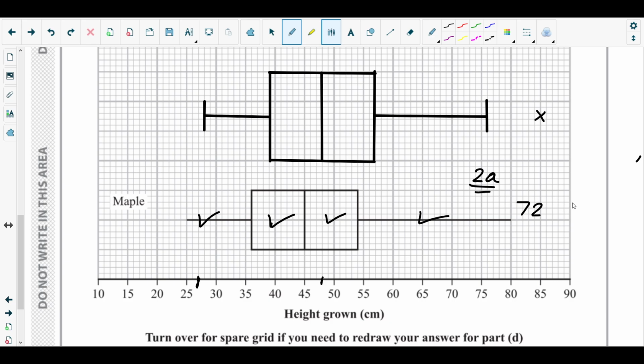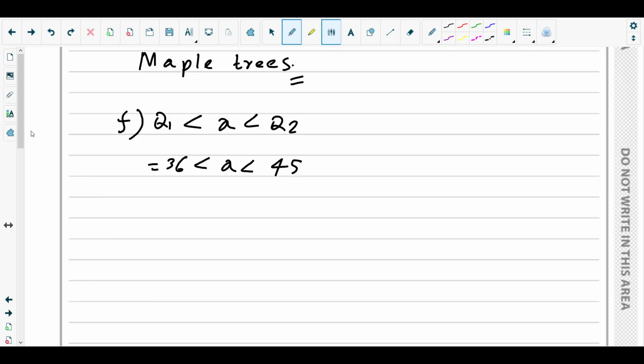So that means twice of A would be greater than 72, less than how much? 90. But 90 lies outside. The upper limit is what? 80, right? So that means twice of A should be less than how much? 80. Let's consider that. We need to write this here. Twice of A should be less than 80.